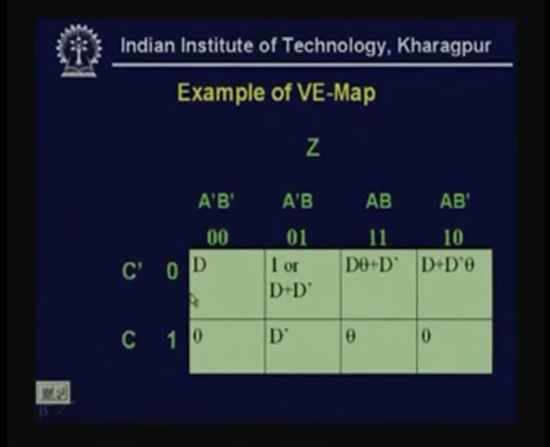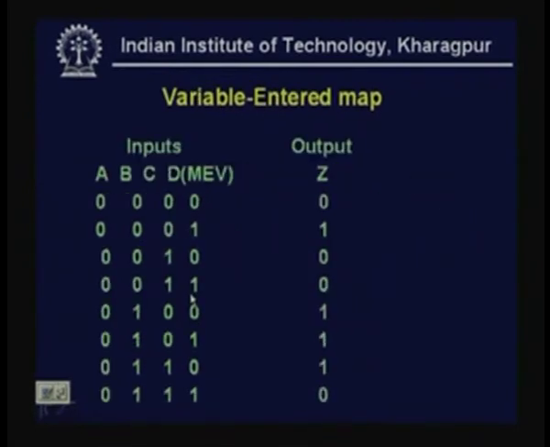So actually this is my 4 variable function. If we draw the normal Karnaugh map, it should be 16 cells, that means a 4 by 4 map.